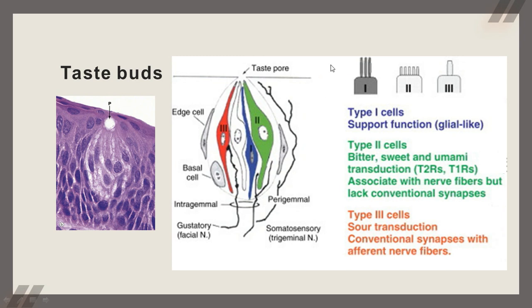The salt sensation is perceived by the anterolateral part of the tongue, and the sour sensation is perceived by the posterolateral part of the tongue, whereas the bitter taste sensation is felt by the posterior most part of the tongue and the epiglottis. So this is how the taste sensation is perceived by each region of the tongue with the help of taste buds, which are present in majority in circumvallate papillae and in the fungiform papillae.